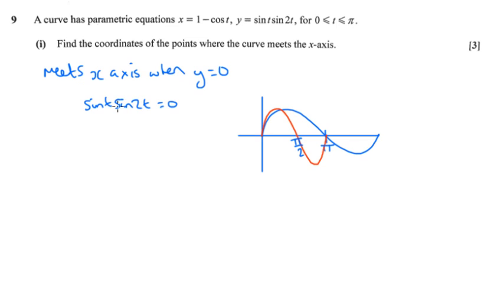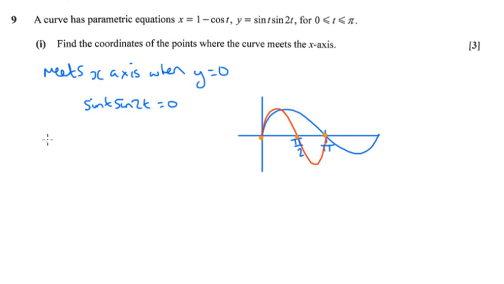So when is the curve going to hit the x-axis? The curve is going to hit the x-axis anytime either sine t or sine 2t equals 0. So we're looking at three places: when sine t equals 0, when 2t equals pi over 2, I mean when t equals pi over 2, or when t equals pi.